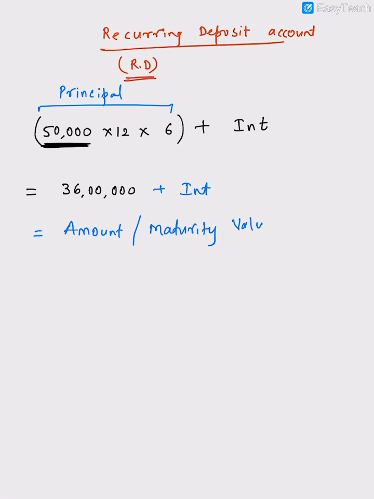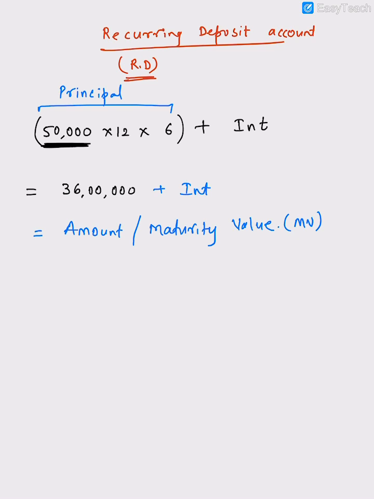Now, why do they call it maturity value, or MV, more popularly known as MV? It's called maturity value because these accounts cannot be closed in between. You can close these accounts only at the end of the term. There will be a pre-decided term, 5 years, 6 years, 8 years, or something.